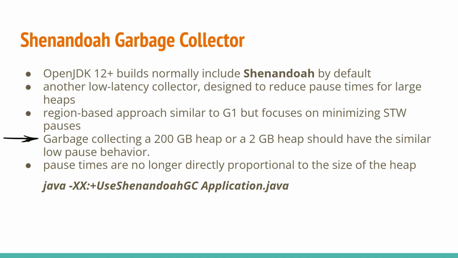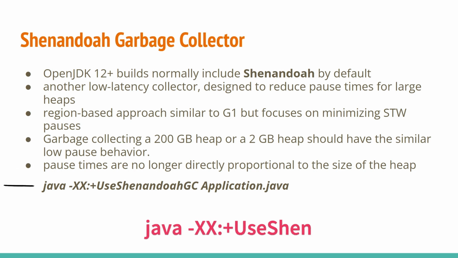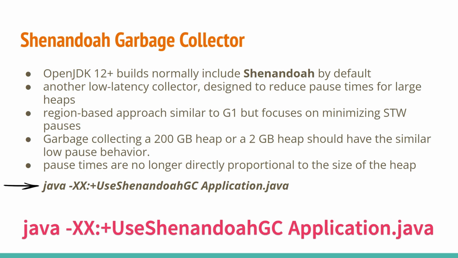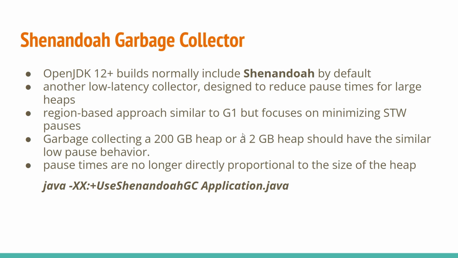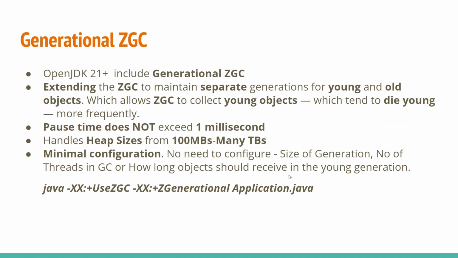It is capable of collecting garbage from heaps of 2 GB to 2 TB, with similar low pause behavior. That is, the pause times are no longer directly proportional to the size of the heap. If you want to use it, you need to pass -XX:+UseShenandoahGC as a command line parameter whenever you start your application.